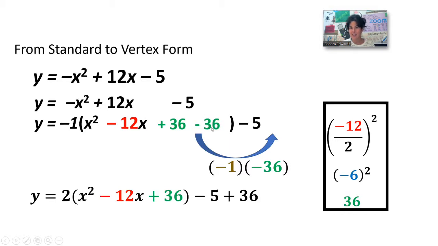Yes, it was minus 36 to undo it, but because that negative out front changes that to a plus 36, we have to put plus 36. All right, we have a perfect square, and negative 5 and 36 make 31. The number here is always going to be b divided by 2. Negative 12 divided by 2 is negative 6. Now we have the vertex, which would be positive 6, 31, and so on.